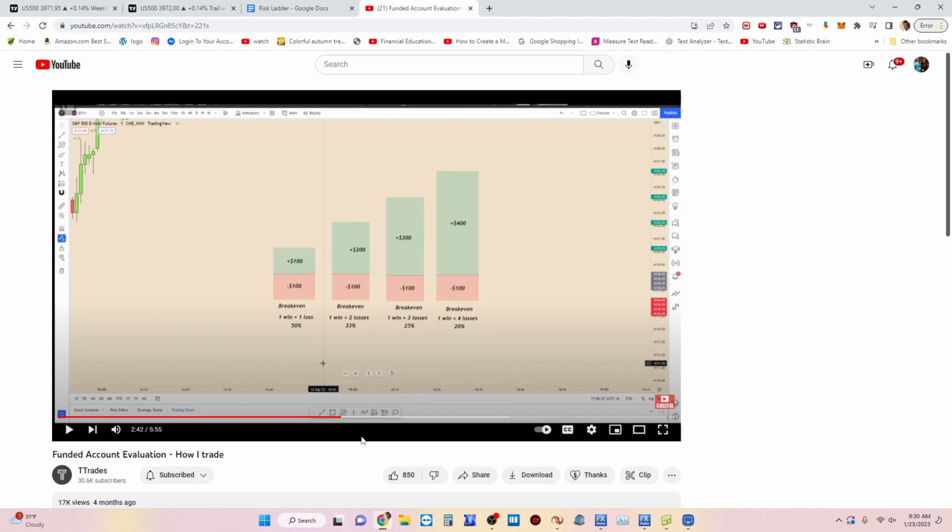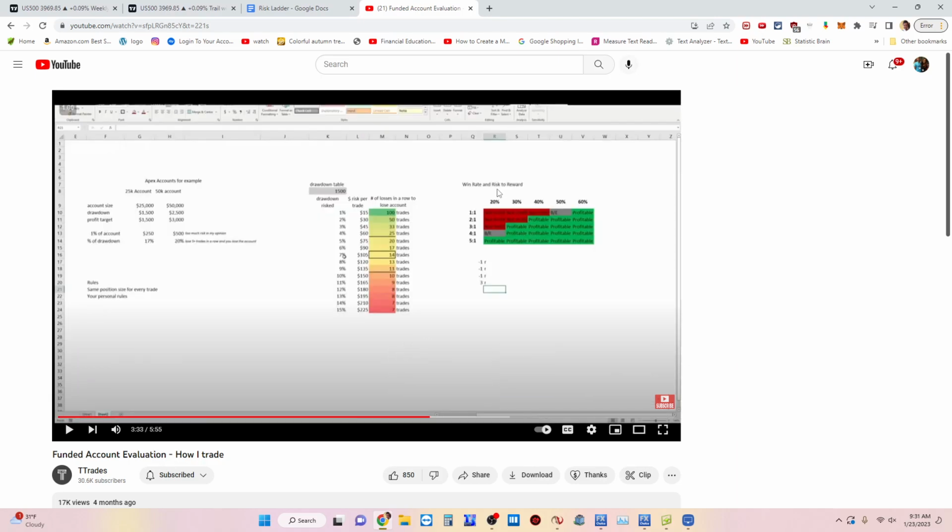So then he goes into more stuff, which is the risk to reward ratio and the amount of wins to losses, and it looks like this is a 4 to 1. I guess it's another way of explaining the graph that he had over here.